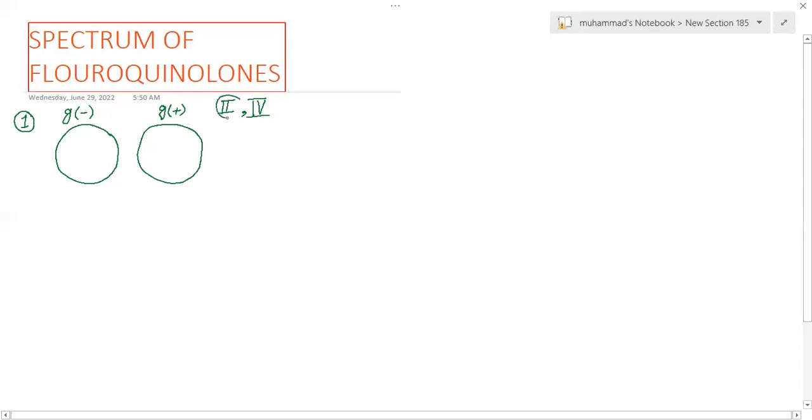Topoisomerase 2, which is also called DNA gyrase, and this topoisomerase 4 is also present in the bacterial cell, and it detaches the newly formed DNA, which is daughter in nature, from the parent DNA.